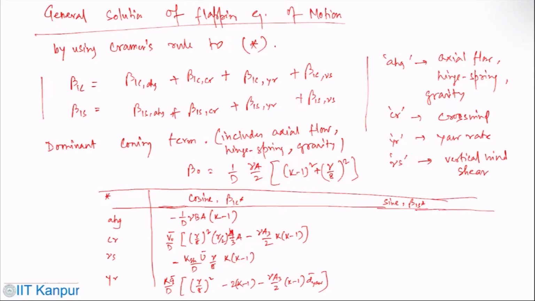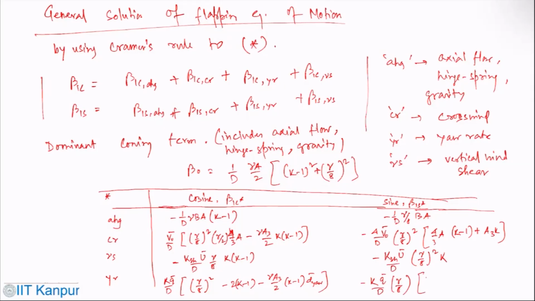Similarly, the sine terms are 1 by D, gamma by 8 BA plus V naught by D, gamma by 8 square, 4 by 3 A into K minus 1 plus A3K; minus KSH U bar by D square into K; Q bar by D, gamma by 8, gamma by 2 A3, K plus 1.